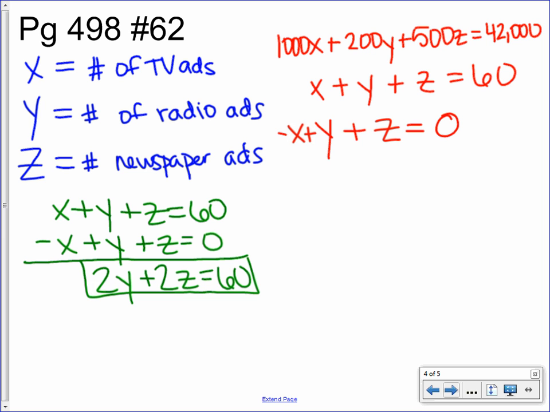Okay, so if we use the first and the third, we can take the first and we're going to take the second one times 1,000.